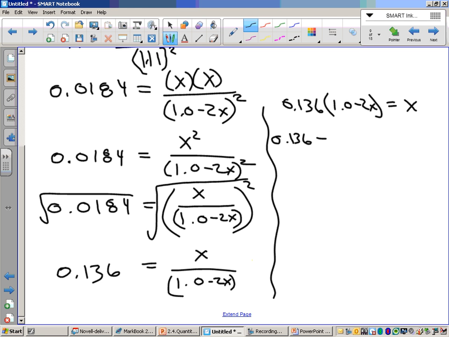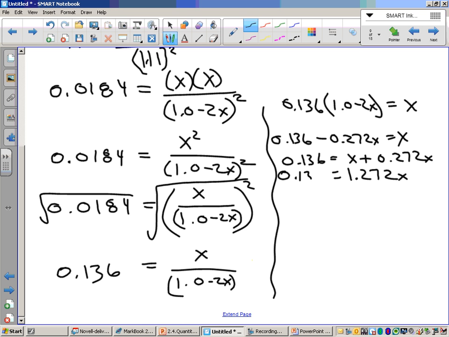That's going to be 0.272, so 0.272x equals x. 0.136 equals x plus 0.272x, which is 1x plus 0.272x, equal to 1.272x, 0.136.